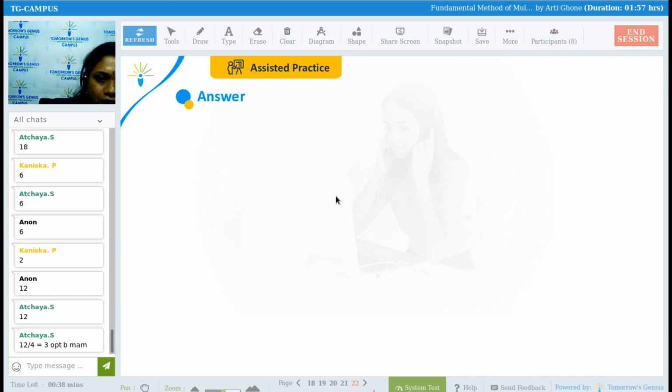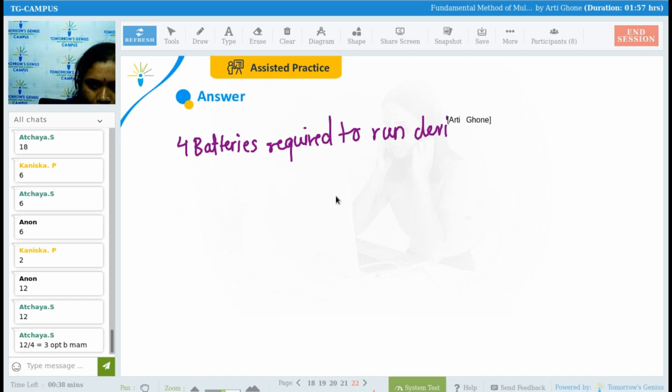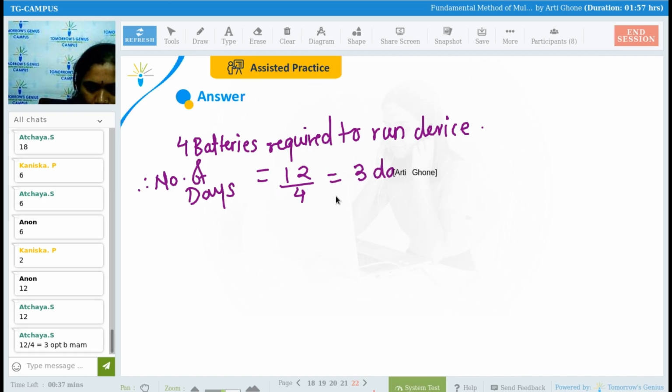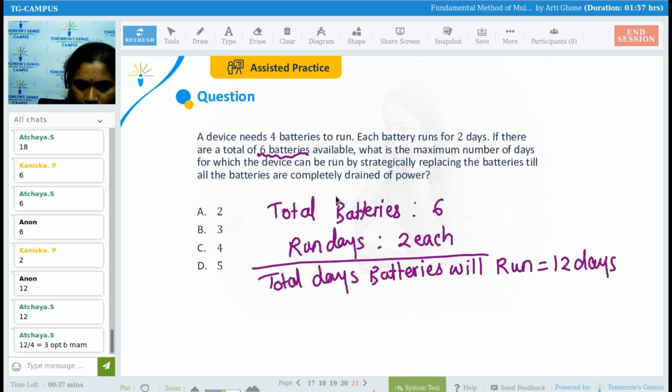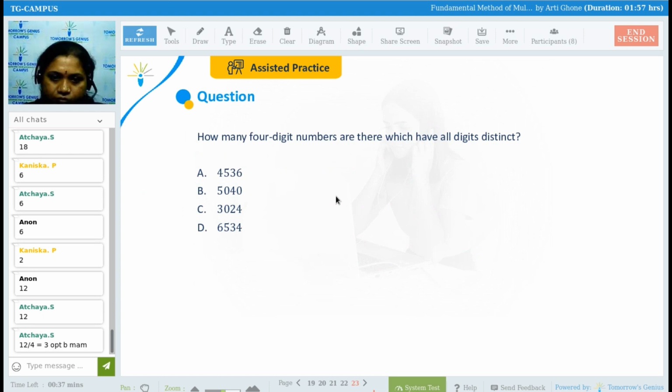So the maximum number of days is 3. Clear? Okay. Next. This you can try.